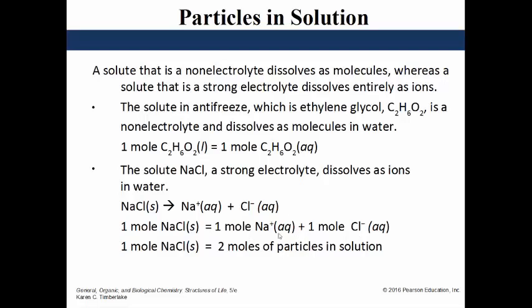You don't get a 50-50 split. You don't get half a mole here and half a mole here. You get 1 mole of each individual component of that solution. So 1 mole of sodium chloride in solid form will actually give you 2 moles of particles in solution because you have 2 ions being formed here, and here.